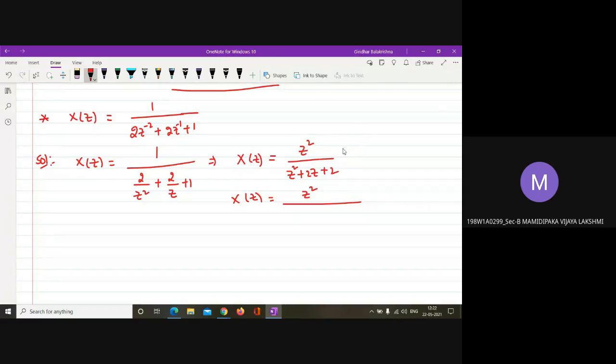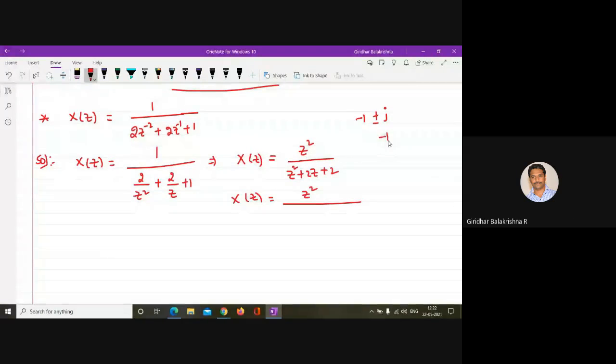One plus or minus 2i... minus 1 plus or minus 2i by 2, you'll get minus 1 plus or minus j. So one pole is at minus 1 plus j and another pole is at minus 1 minus j.